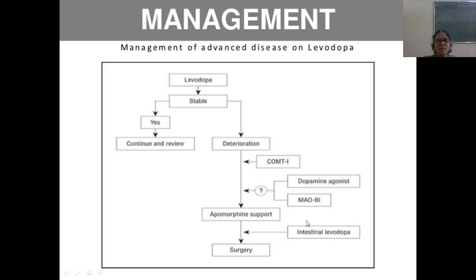If symptoms remain progressive even with this, then intestinal levodopa can be given. If the disease progresses further, surgery is the next option.